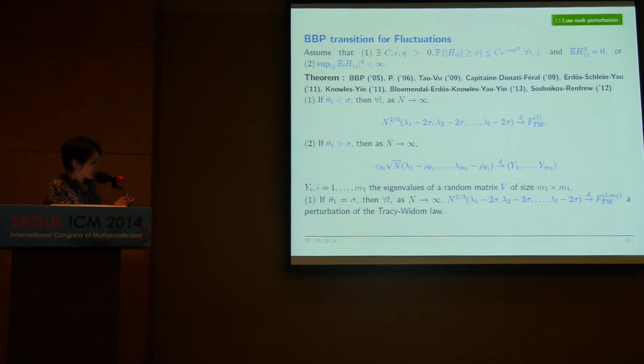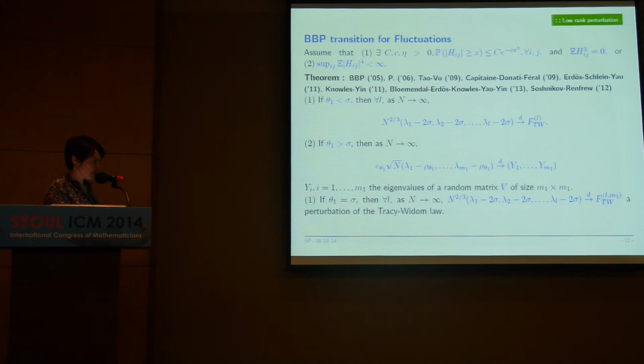Okay, so the result is as follows. First, we consider the case where theta 1 is smaller than sigma, so that the largest eigenvalues do not separate. And in this case, even at the level of fluctuations, nothing happens.